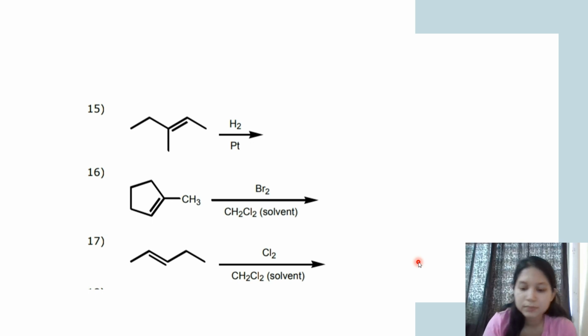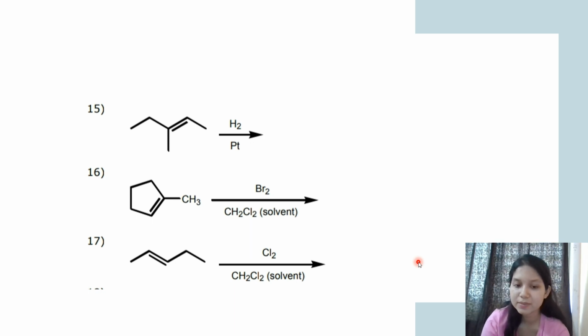So moving to question number 17. Again, you now have to treat this alkene, which is acyclic. This acyclic internal alkene you have to treat with chlorine in DCM solvent. What will happen?